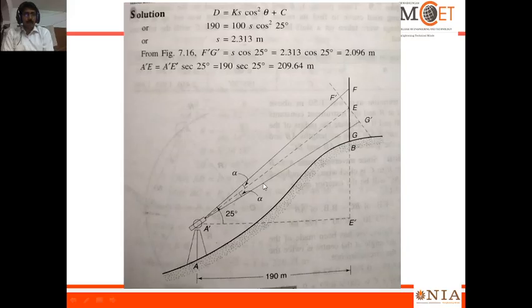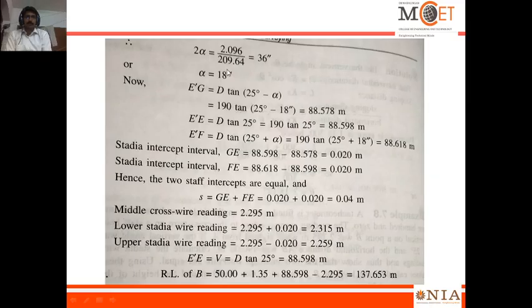So alpha is equal to the divided thing, you can take that L we have already calculated as 209.64. So 2.096 divided by 209.64. So you obtain the value in minutes. You have to convert to the minutes. 36 minutes. Then alpha is equal to 18 minutes.